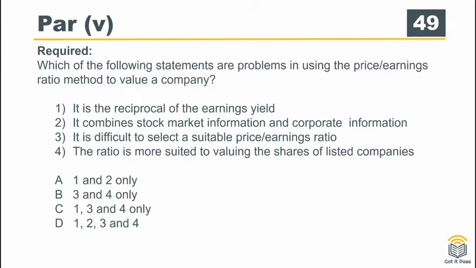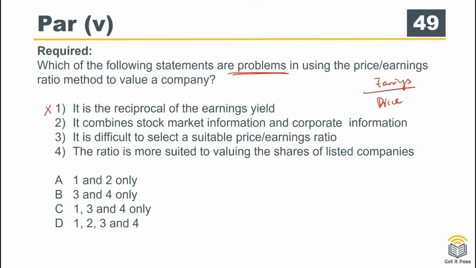It's true that price-earning ratio is the reciprocal of earnings yield because earnings yield means the earnings divided by price. So in general, it's correct, but it's a problem in using this. The first statement is only a description, and it doesn't create any problem, so it's not correct.